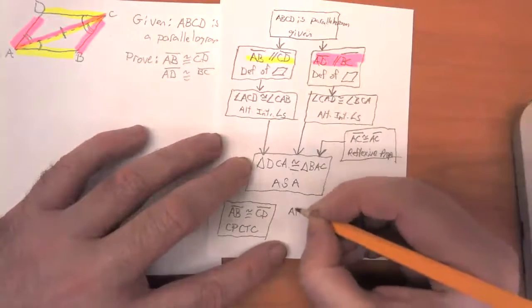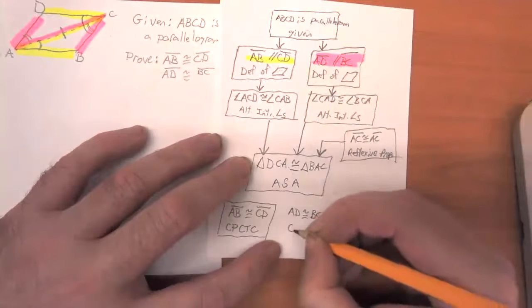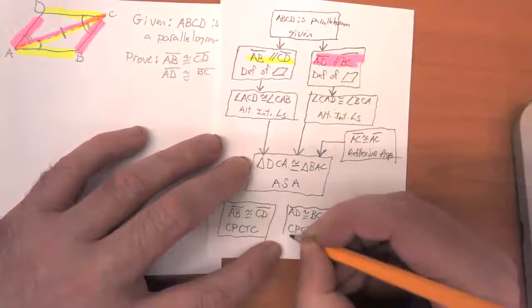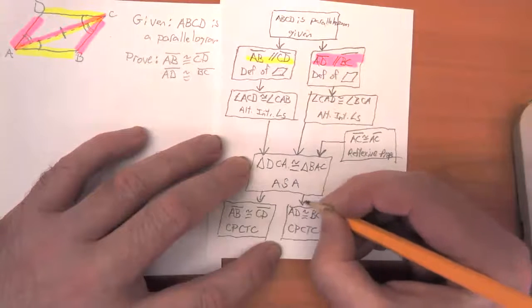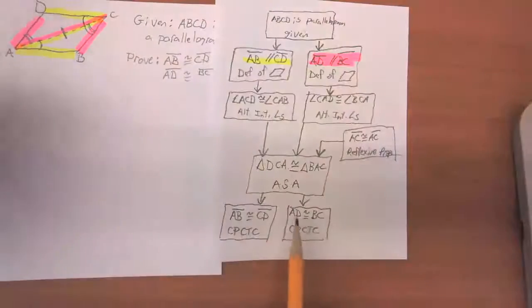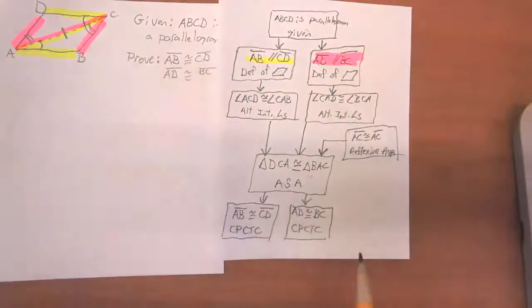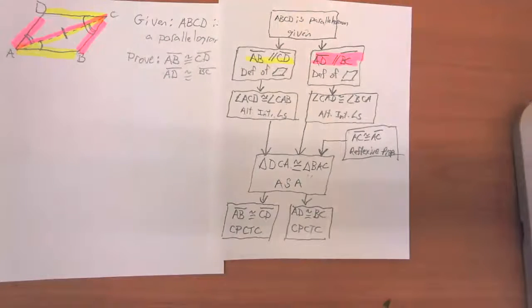So AD is congruent to BC once again because of CPCTC. CPCTC, remember, it helps us to say that once we've proven that two triangles are congruent, we know that all of their corresponding parts have to be congruent to each other. Not just the three we proved, but also the three parts we didn't use.